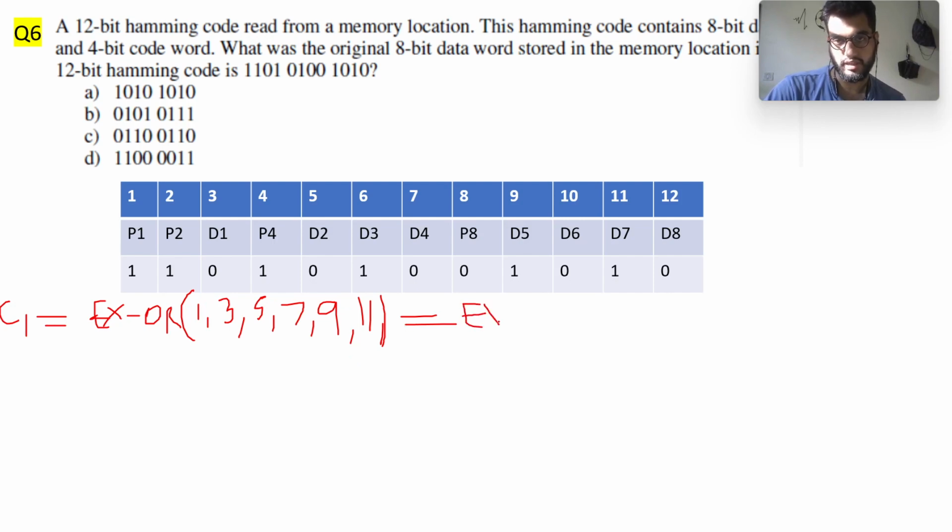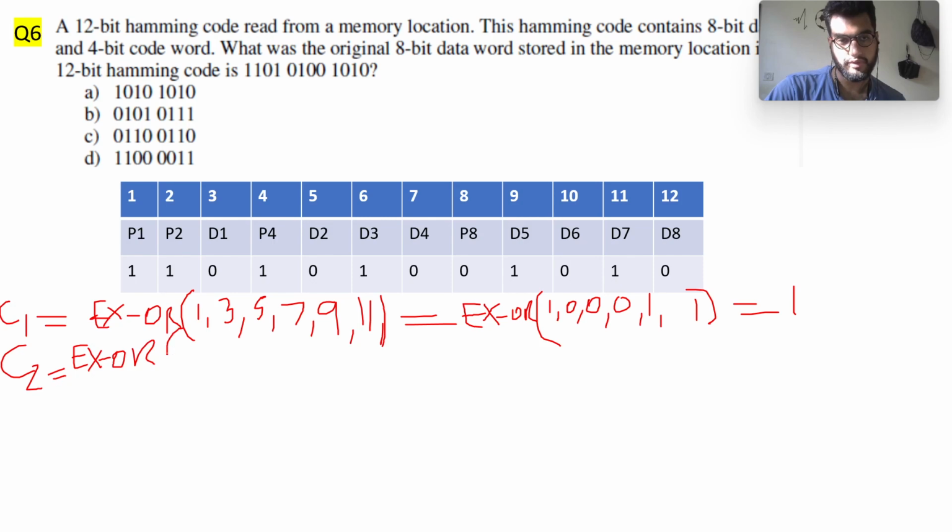So this is the XOR operation between 1, 0, 0, 0, 1, 1, and this will be equal to 1. Then I have C2, which is the XOR between bits 2, 3, 6, 7, 10, and 11.